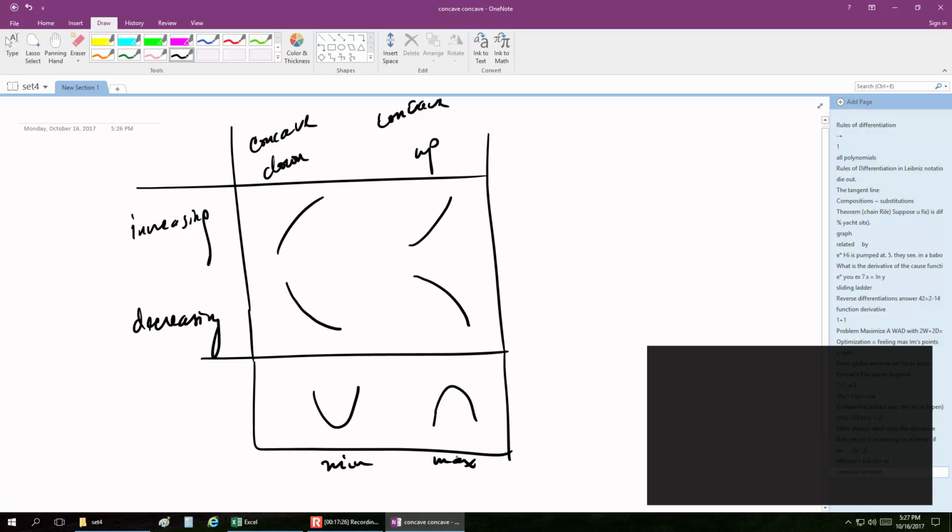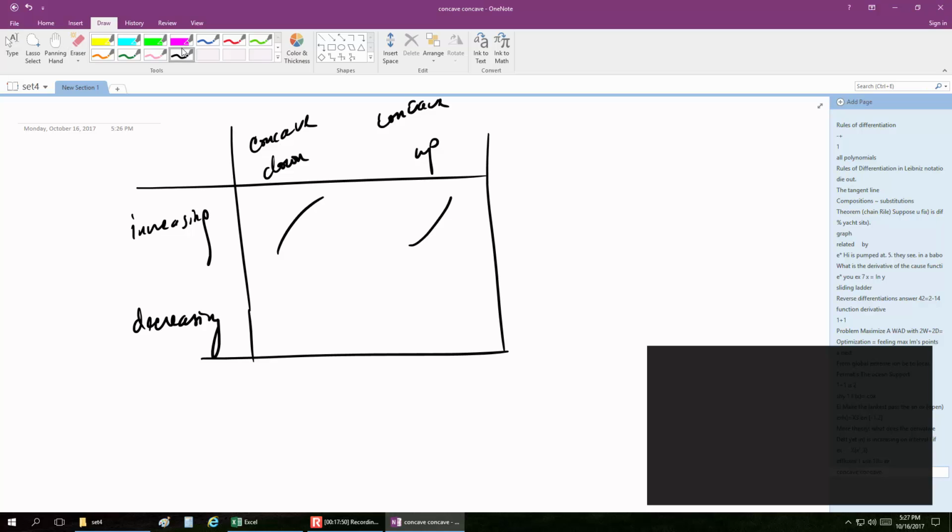So the concave down, the exact opposite, so concave down. What did I do? I messed up everything. Let me start over. Okay, so up.